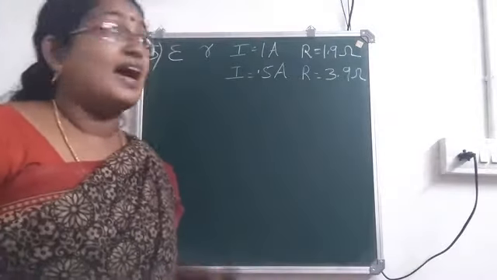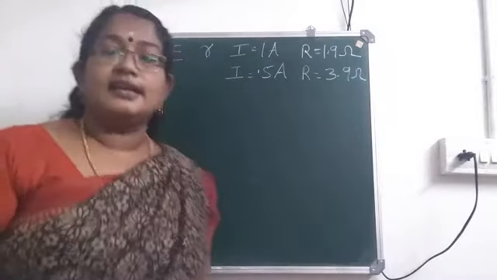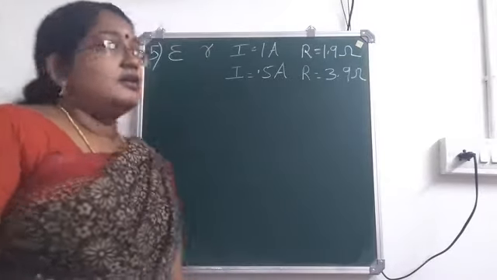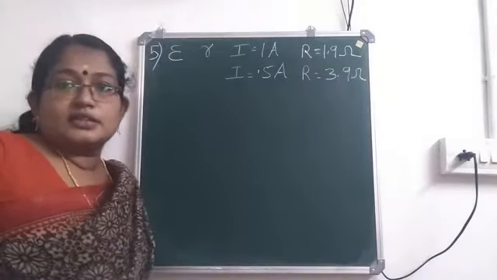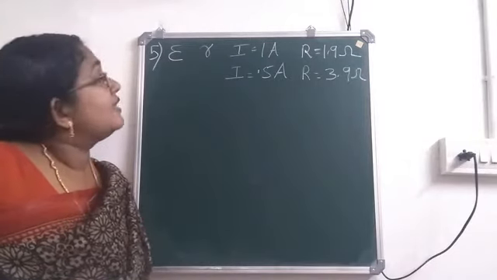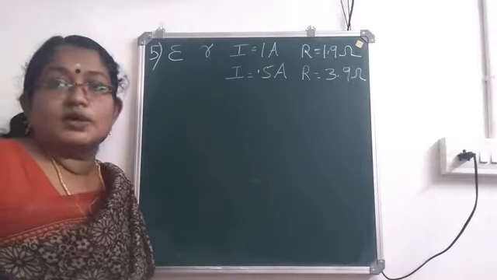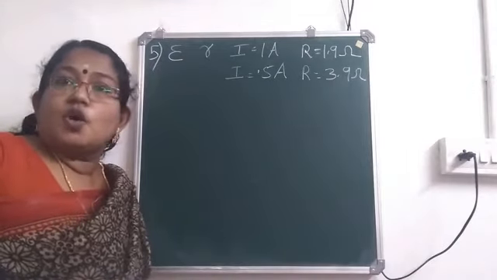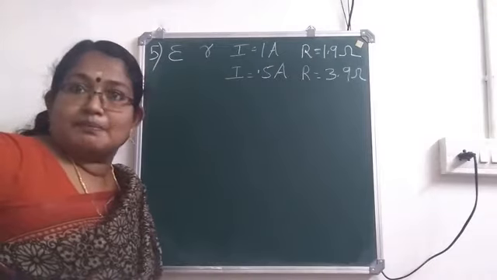So we are asked to calculate epsilon and R. So how will we do this? It's an indirect question. Two different ways are given, and with that we have to calculate epsilon and R. And what you have to remember here is the value of epsilon will be the same, isn't it?